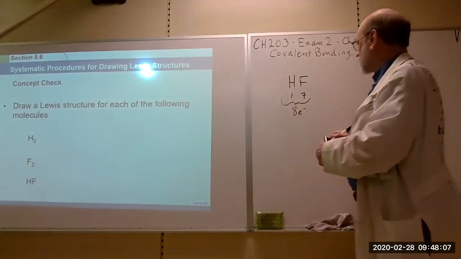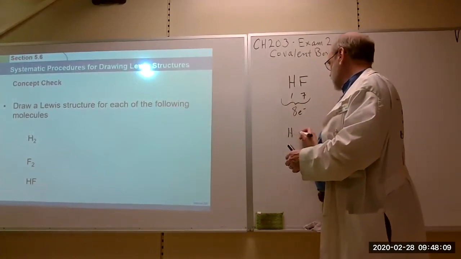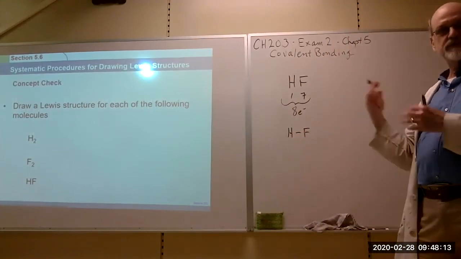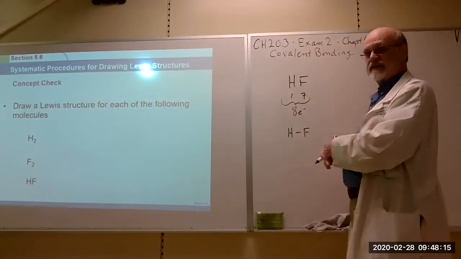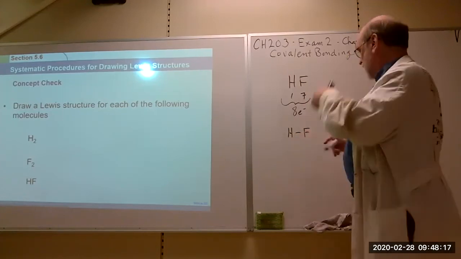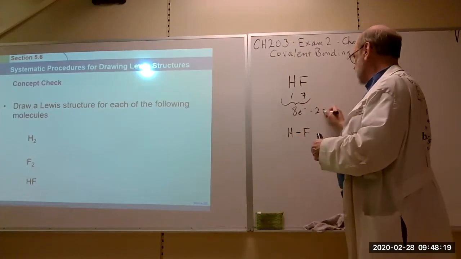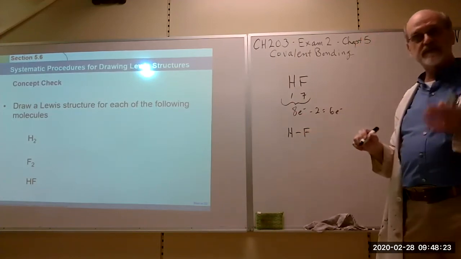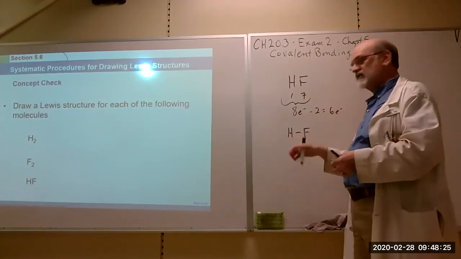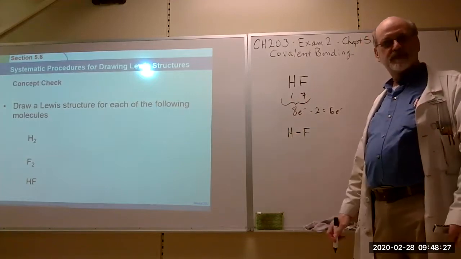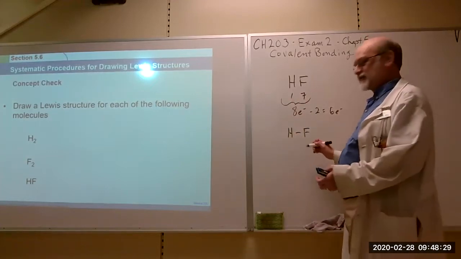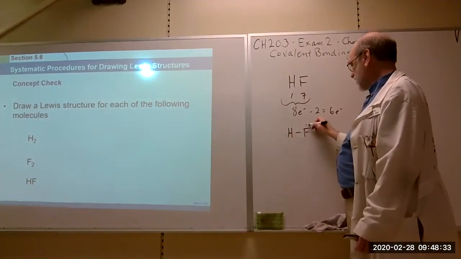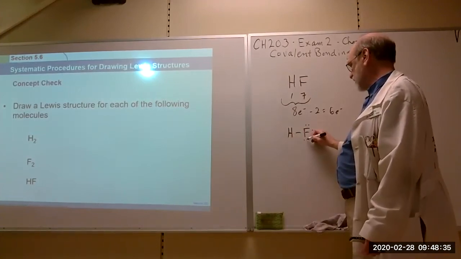So first, you establish a single bond between the two. In this case, fortunately, we only have 2. So that's 2 electrons accounted for. We have 6 left that we have to place. Whenever you have a hydrogen, there's no more room. Hydrogen can only have 2. It's already got 2. So the other 6: 1, 2, 3, 4, 5, 6.